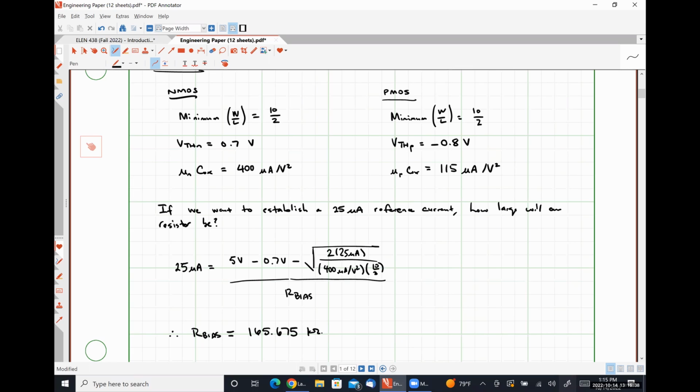So it can be done using a resistor. Don't do it if you want any level of precision in your reference current. Bad idea.